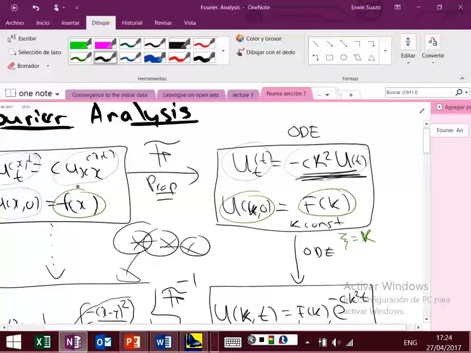We are taking the Fourier transform of the second derivative with respect to x. So we obtain exactly what we want on this side.